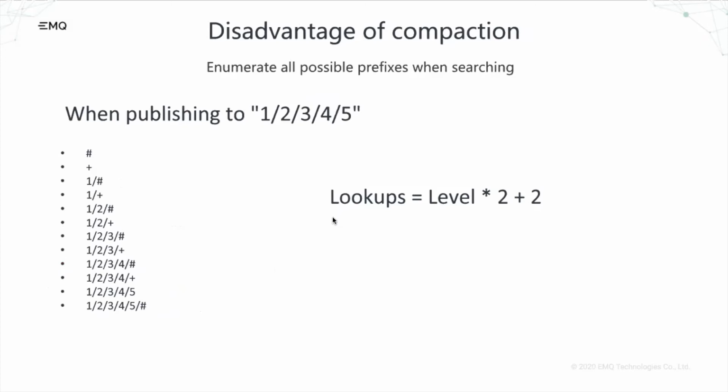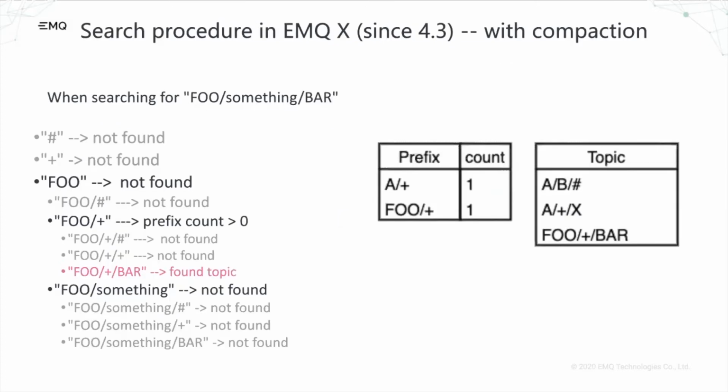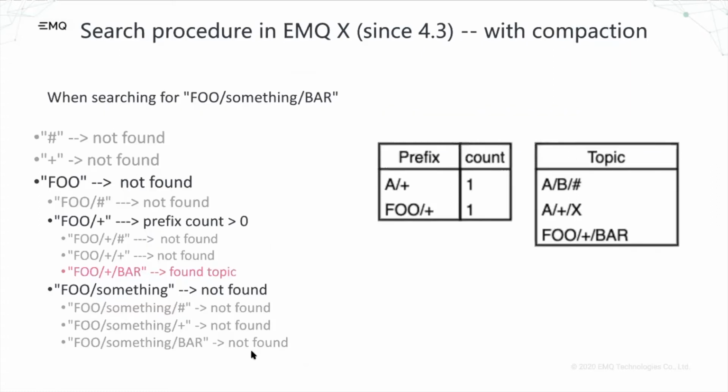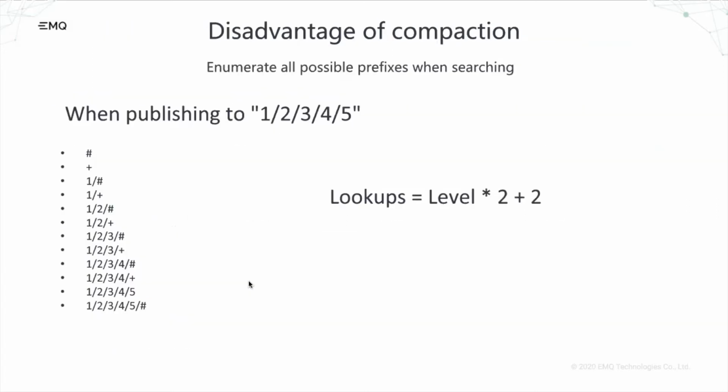So the advantage of compaction is, of course, obvious, because we don't have to store the prefixes. The tables can be quite compact, with a lot less memory consumption. The disadvantage, of course, is that the search space is a lot larger.